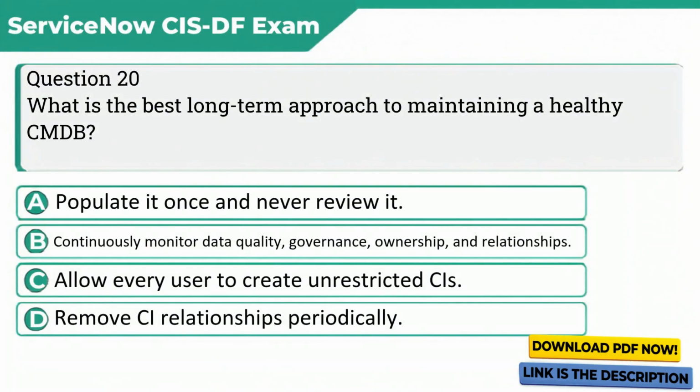Question 20. What is the best long-term approach to maintaining a healthy CMDB? A. Populate it once and never review it. B. Continuously monitor data quality, governance, ownership, and relationships. C. Allow every user to create unrestricted CIs. D. Remove CI relationships periodically.